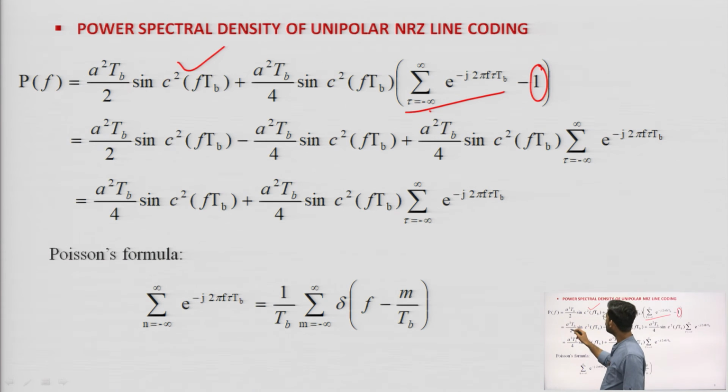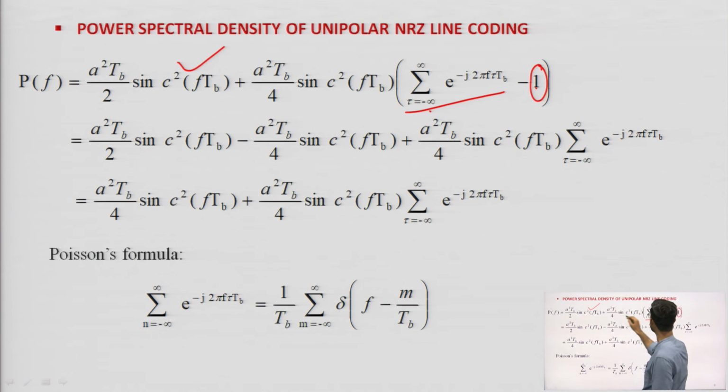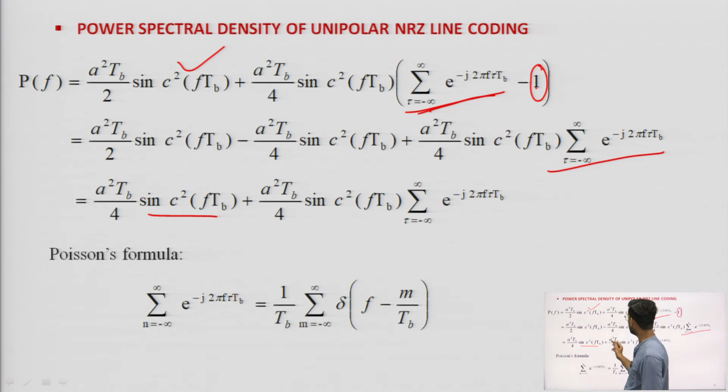So, I have minus infinity to infinity whole value, minus the value at the point 0. So, A square TB by 2 sinc square f TB, minus A square TB by 4 sinc square f TB, plus A square TB by 4 sinc square f TB multiplied by the summation over tau from minus infinity to infinity of e to the power minus j 2 pi f tau TB.